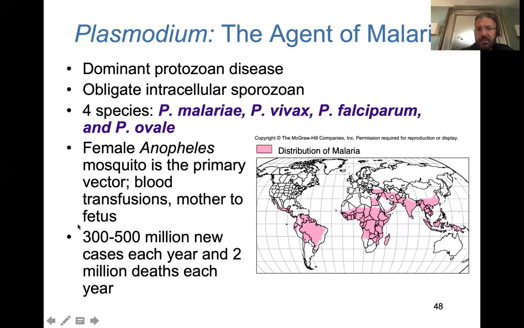Right, but this is astounding: 300 to 500 million new cases each year, 2 million deaths each year. And these statistics are probably about 6 years old, so I'm going to think it's a little bit on the low side. And just think about this, there's 2 million deaths each year. Now we're all adults.